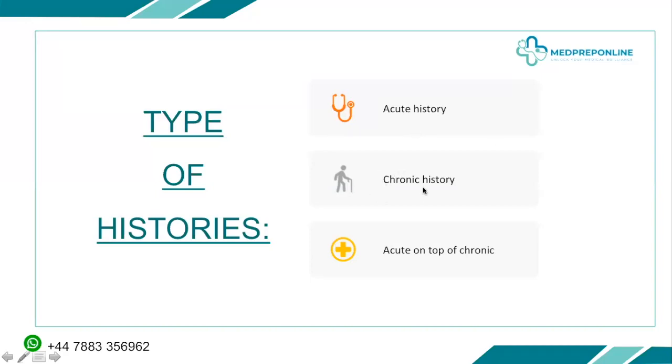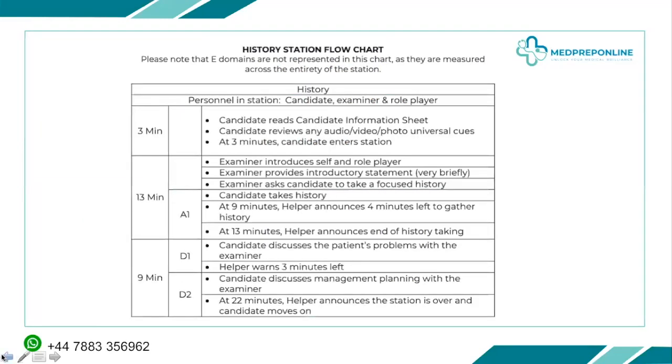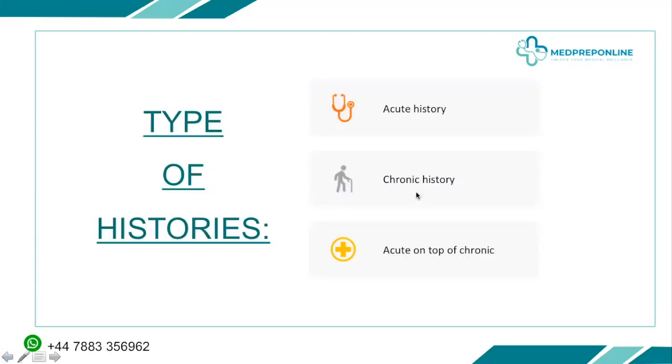In the chronic history, suppose this child has cerebral palsy and presented with some complication, or you have to take the follow-up and how this child is under care. And in the acute on chronic, the child has celiac disease and now presented with some acute problem. These are just examples I'm giving.